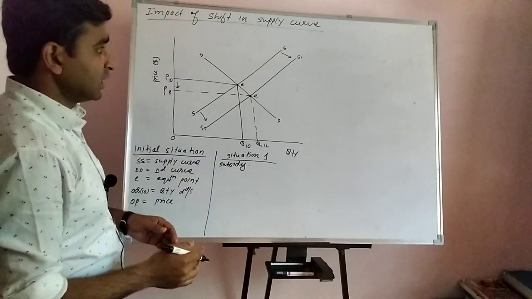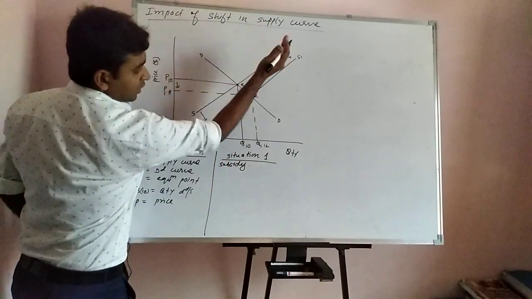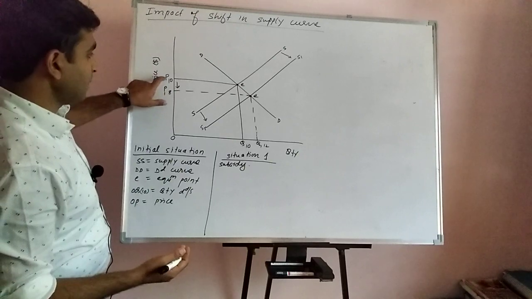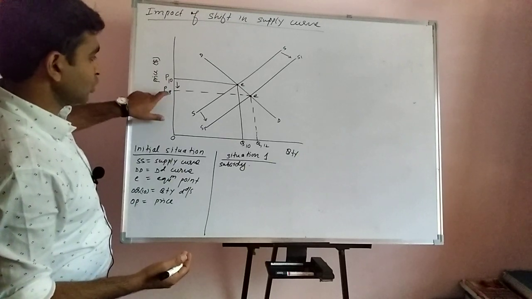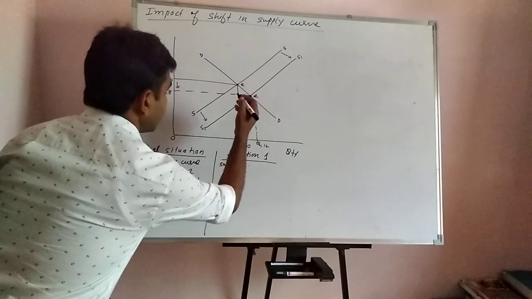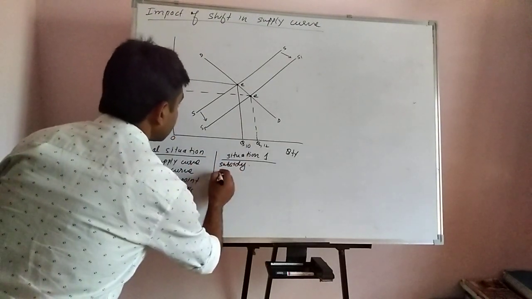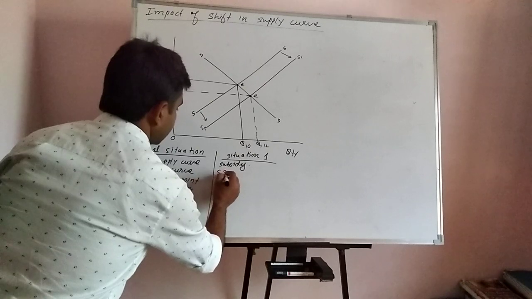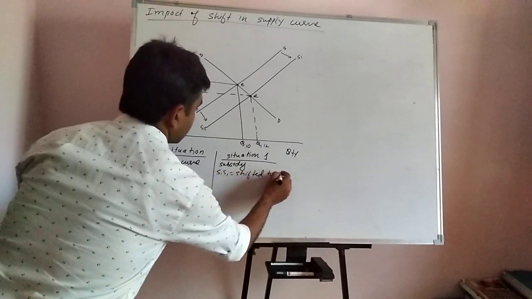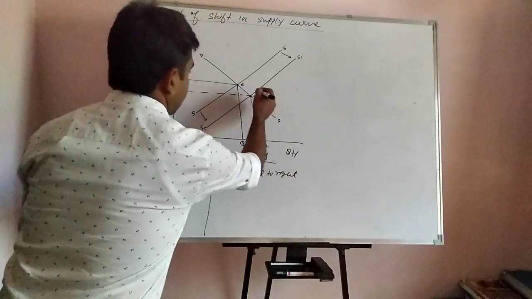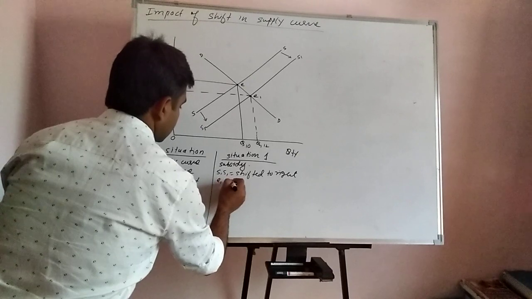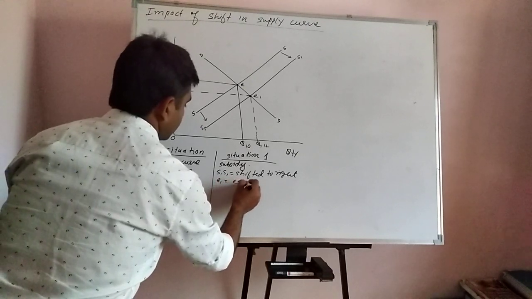You can see here, as soon as supply shifted to the right, what is the immediate impact? The price has decreased from P to P1, that is 10 to 8. So in case of subsidy, we have a new supply curve S1 shifted to the right, and the new equilibrium point is E1.